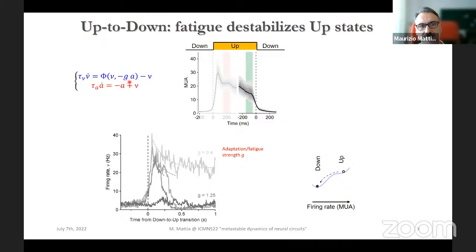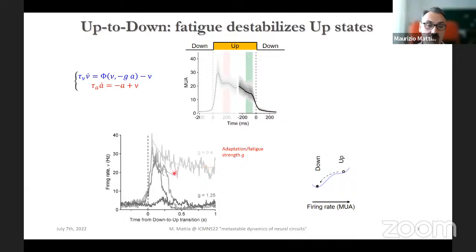The stronger this parameter G is, which tells you how strong the feedback is, the easier it will be to kill the upstate. This is an example, for instance, where you have a down-to-up transition, and if the G, the strength of fatigue, is not strong enough, there is an adaptation in the firing rate, but this adaptation doesn't destabilize the upstate.